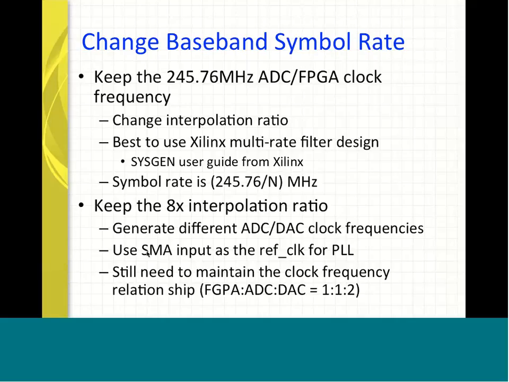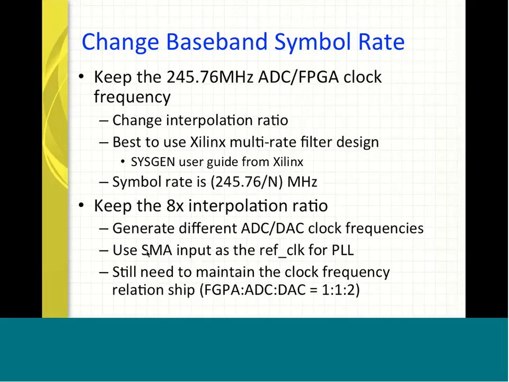The limitation is that your symbol rate is going to be 245.76 divided by n megahertz, assuming you are running an integer interpolation. In my reference design, we always have an integer rate change: 2 times 2 times 2, so the aggregate interpolation ratio is 8x.